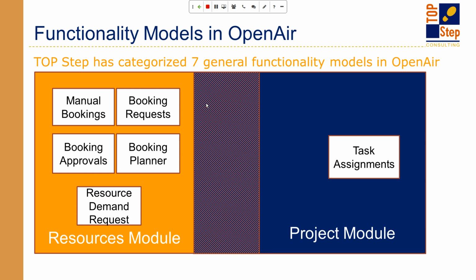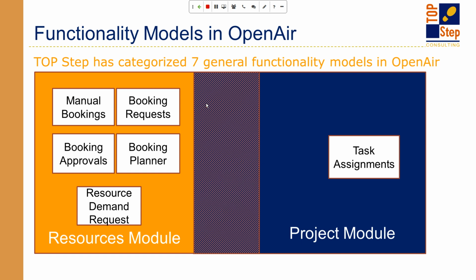Besides the resource module, you can also use the projects module. What do we mean by that? We're talking about task assignments. So if you're someone who lives in your project module and that's where your comfort level is, and you have a grasp of what's happening with your resources from the project module, that absolutely is a viable way to track and manage resources in OpenAir.